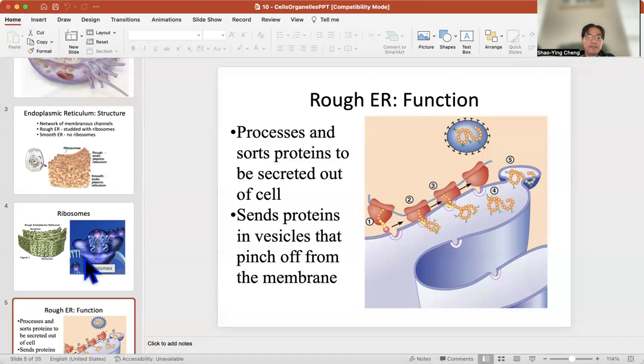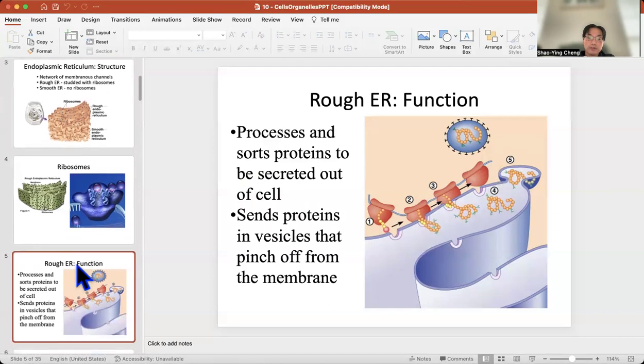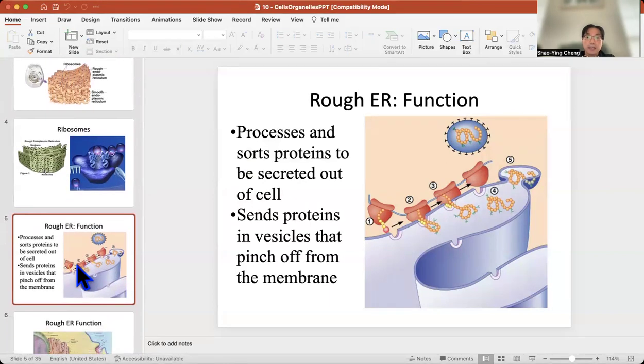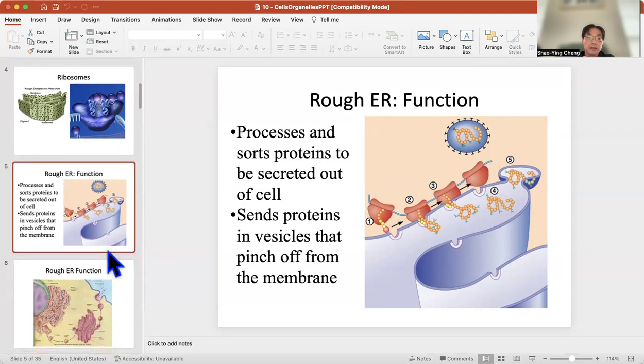Once you have the amino acid sequence, technically it's not a protein yet. A protein needs to have its own 3D structure to perform its function. That's why this amino acid sequence needs to be transported to other organelles and keep being folded to its correct 3D structure, in order to perform the protein's function.